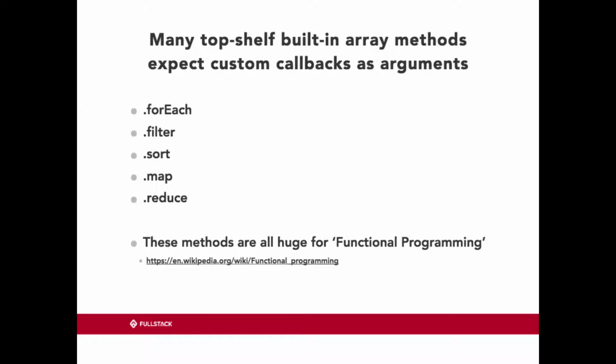One of the key things to know about these functions here, Array.forEach, filter, sort, map, and reduce, is that theoretically speaking, you could go through your entire career without ever using these functions, and you'd be totally fine. What these functions do is they make it easier. They give you a more convenient way to do things, especially when you're iterating over a list. So these functions are ones of convenience. They're not ones of necessity.